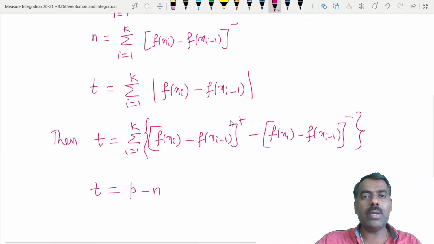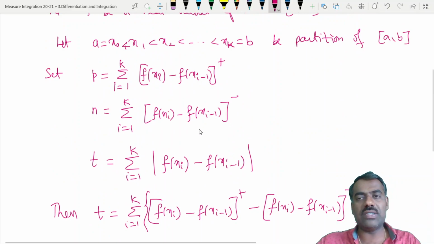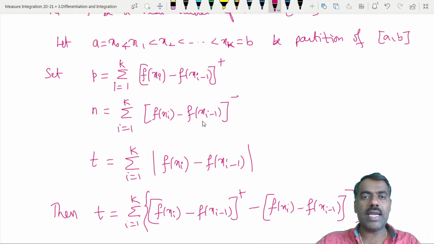Now you change the partition and you find these values. Then we can talk about the supremum of those values.